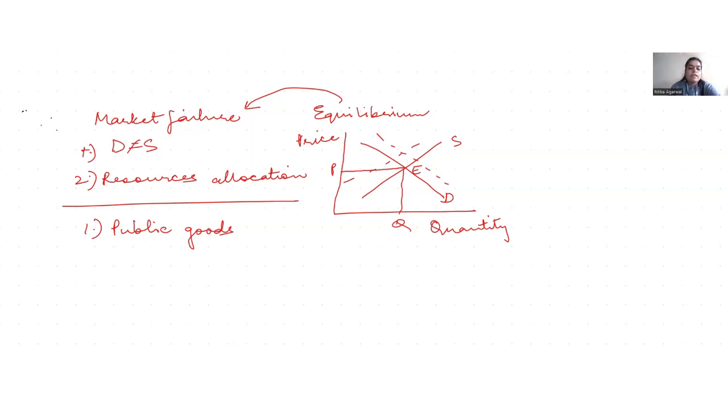But goods that are free of cost, first of all. So any type of good that is provided by the government, generally free of cost to the public, is called public goods. Can you give me an example, Ashish? Gardens, parks.